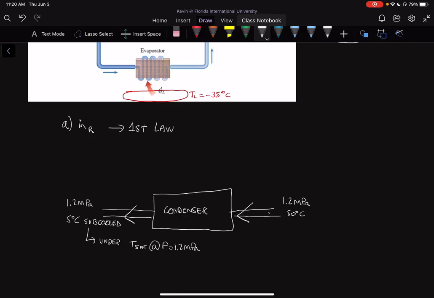And then at the same time, within the condenser, we have some water coming in. And the water is coming in at 0.25 kilograms per second and 18 degrees Celsius and is leaving our system at 26 degrees. Now, what we notice is for water, we are not given pressure.